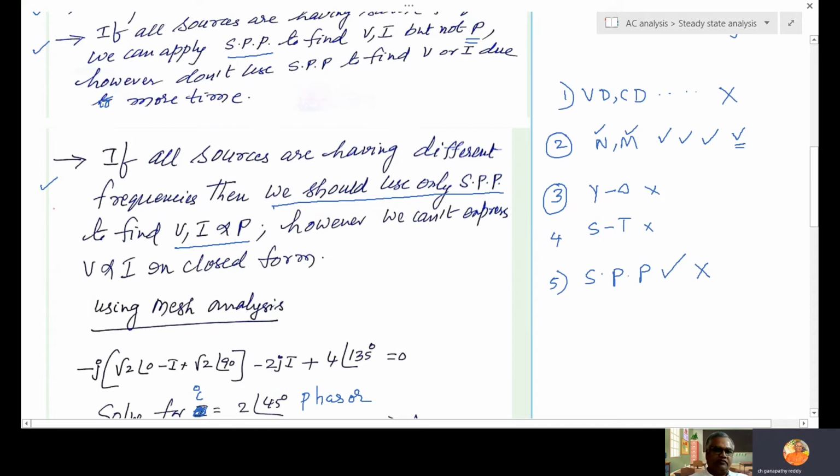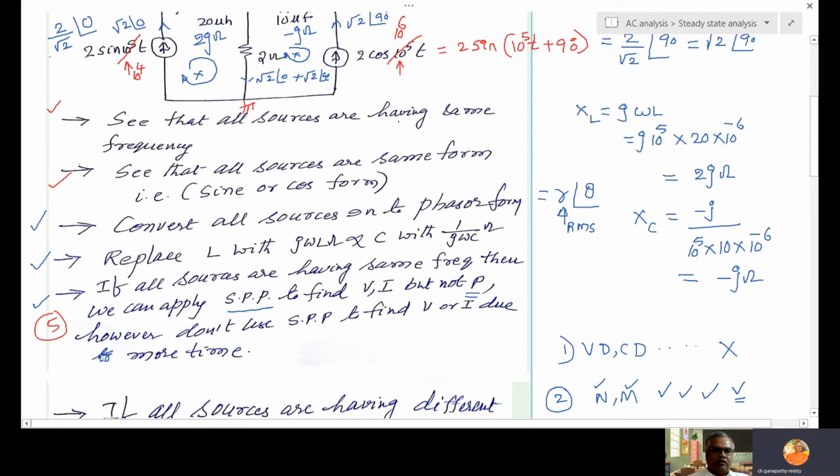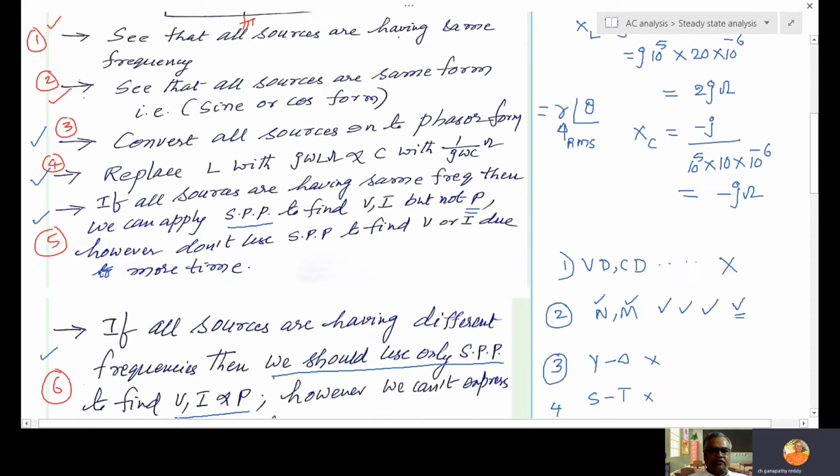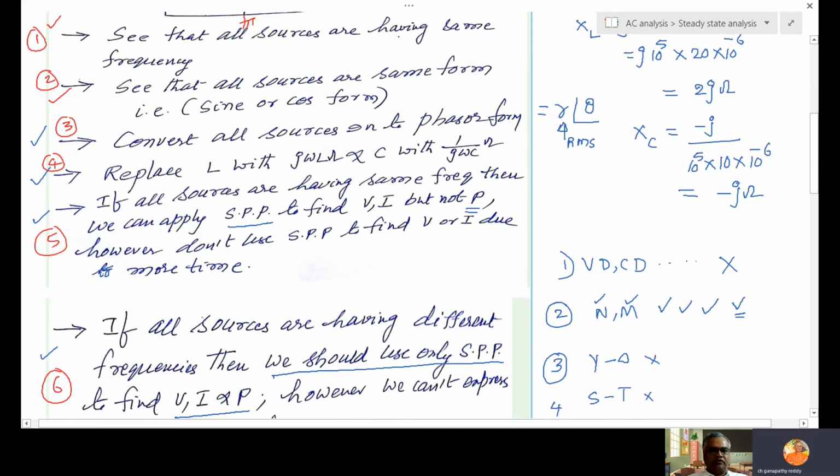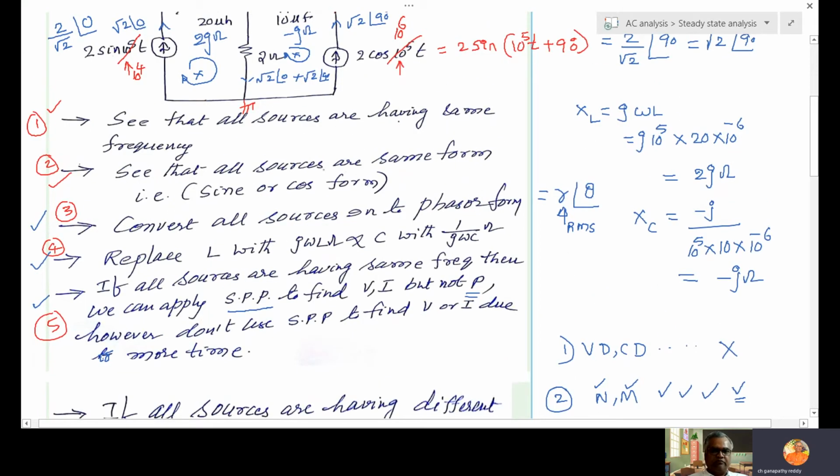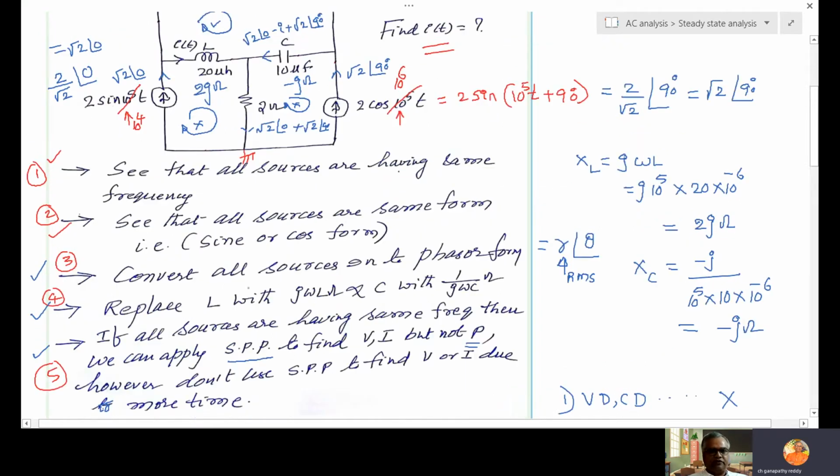This is the sixth step, this is the fifth, this is the fourth, this is the third, this is the second, and this one is the first. So if all frequencies are different, directly jump to the sixth one. If all frequencies are the same, then go to the second, third, fourth, and fifth.